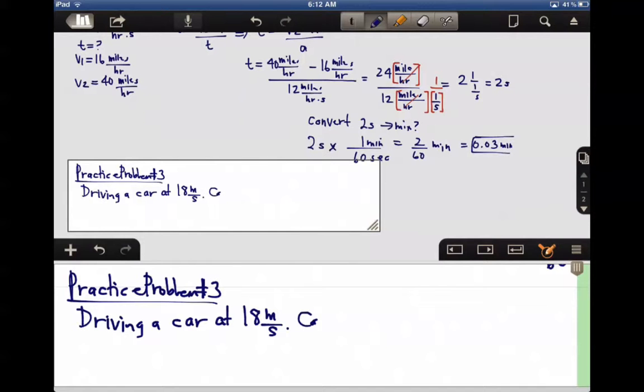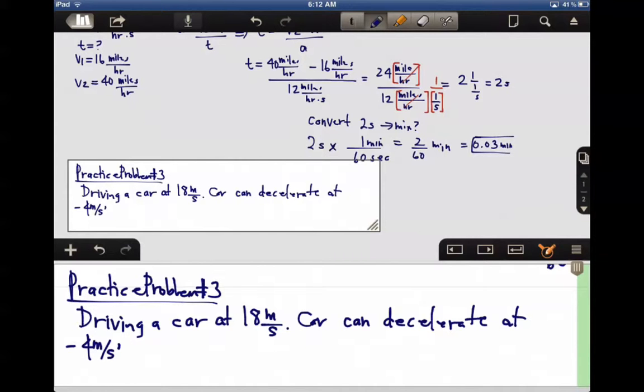The car can decelerate, that's negative acceleration, at negative 4 meters per second squared.